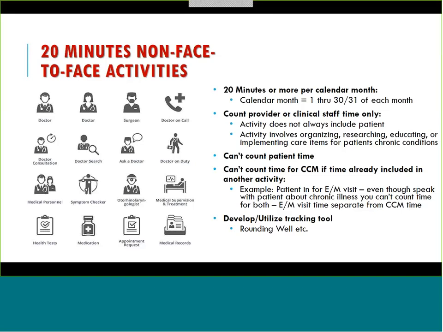Now, chronic care management time will need to be an additional 20 minutes separate from that, and you would need to be able to prove that time on a tracking tool. If you count the visit time of 20 minutes and then you also put that over into the CCM time, that's double dipping, and you can't accumulate those minutes into both items. You have to separate them out. So it would need to be a total of 40 minutes for that day to be counted in both programs.